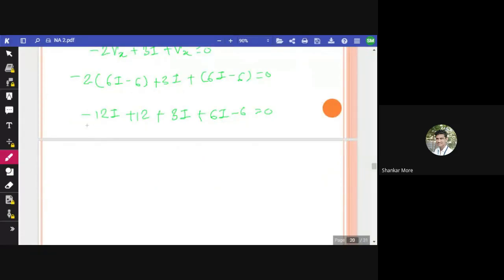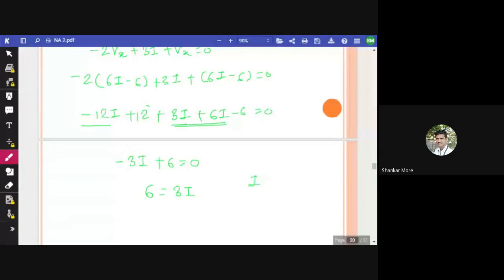So minus 12i plus 3i plus 6i, this is 9i. 9i minus 12i, that is minus 3i, and 12 minus 6 is plus 6 is equal to 0. So 6 is equal to 3i. All right.